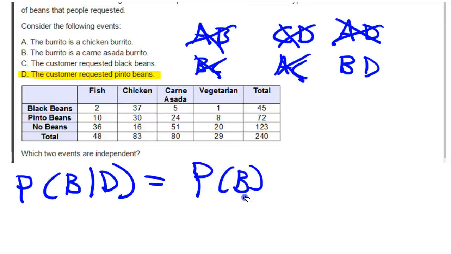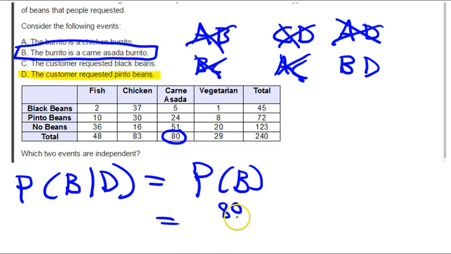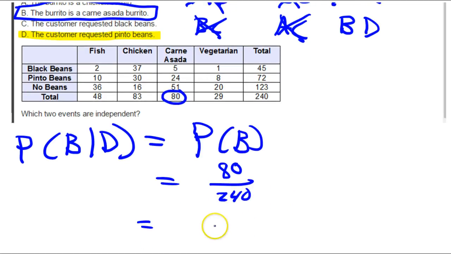Let's start with the probability of B. B is carne asada. There's 80 of those out of a total of 240.